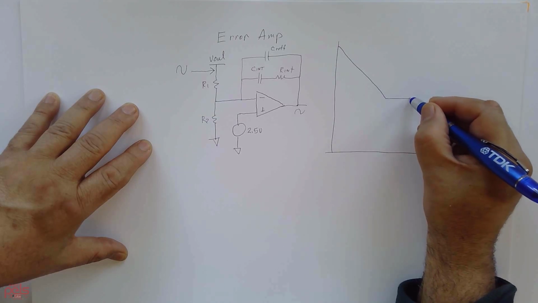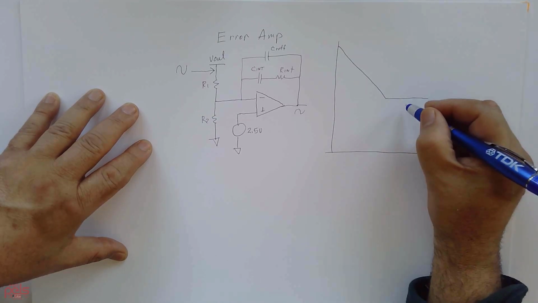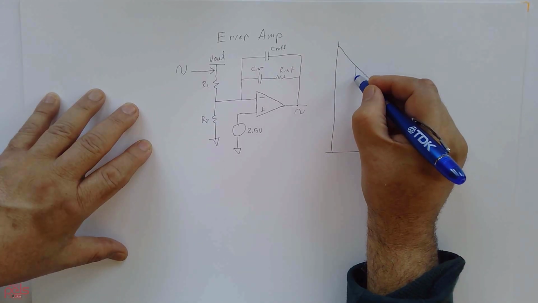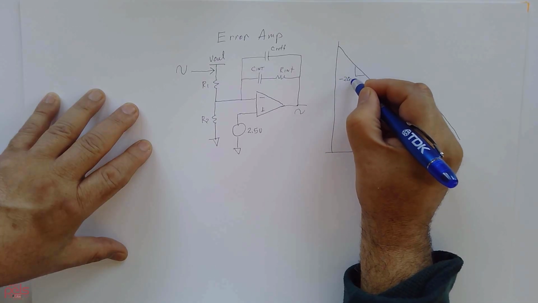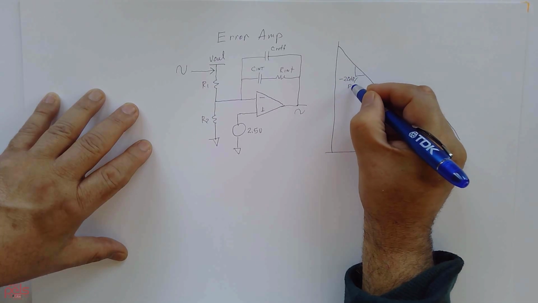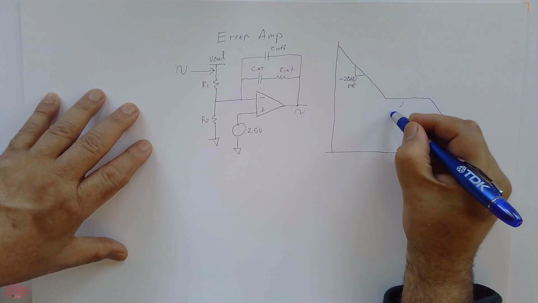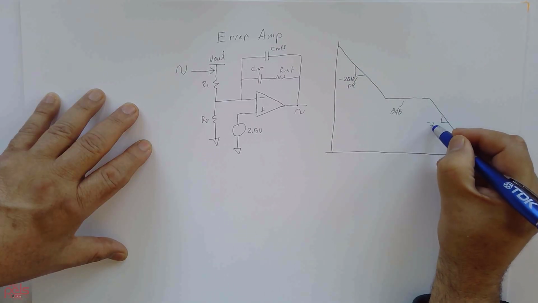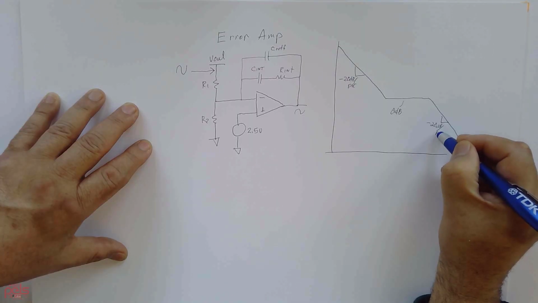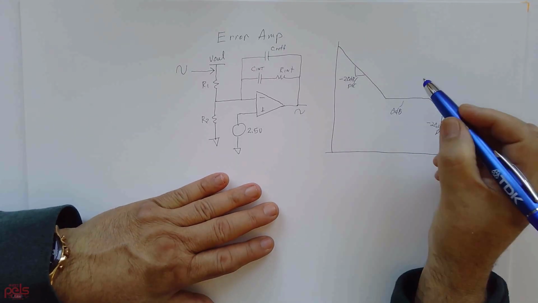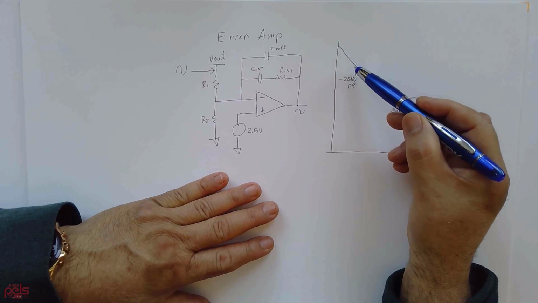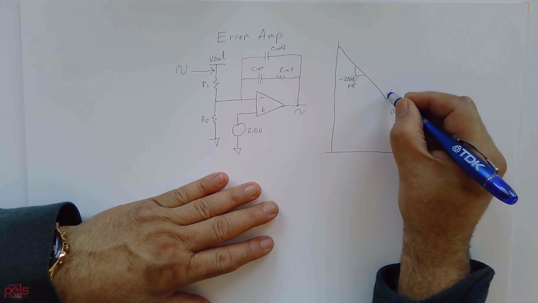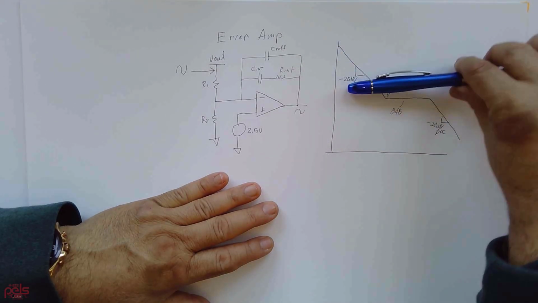And then it flattens out, and then you have another slope. So basically, this will have a negative 20 dB per decade, and then of course it goes to 0 dB, and then it goes back to a negative 20 dB per decade. So this is a function of the capacitor, the integrator, and at this particular point, it's deflecting upward.